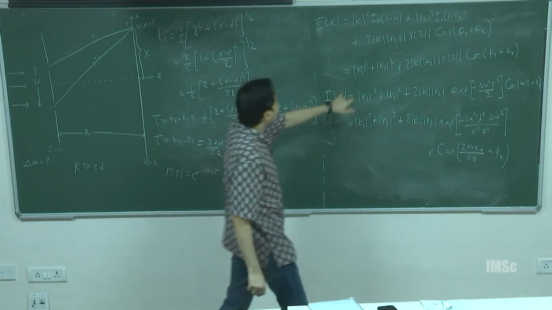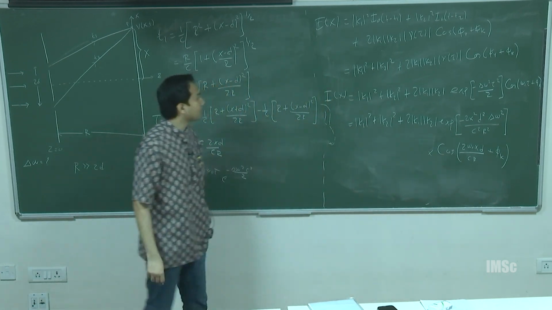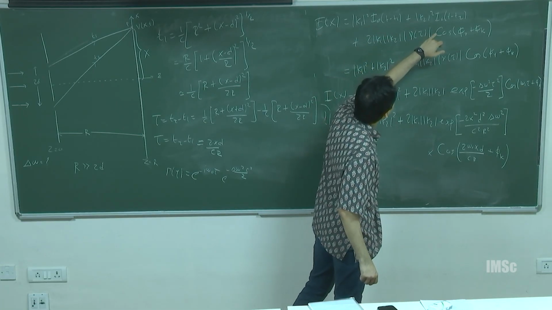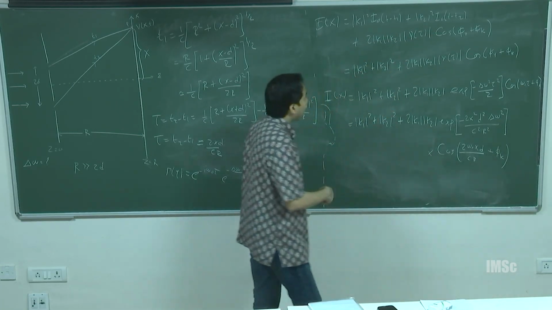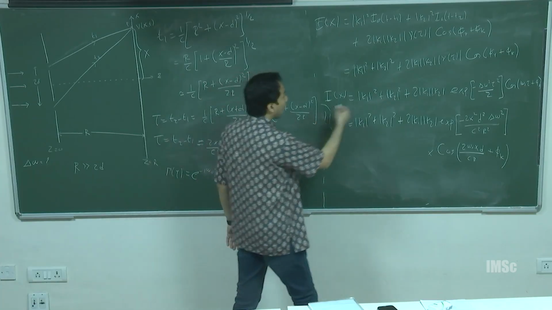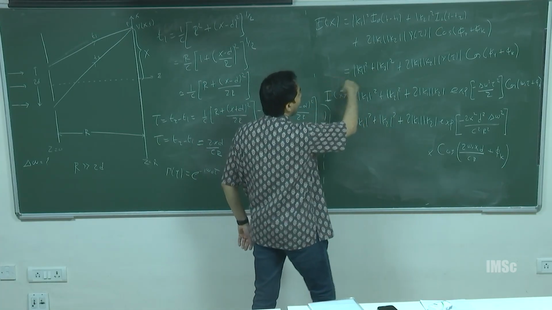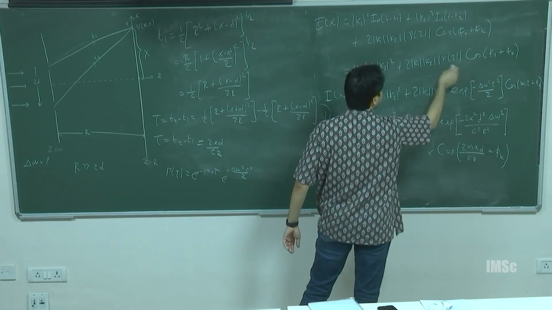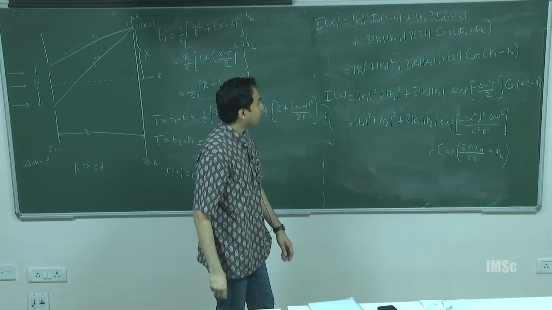Now we have been told that the field has a constant amplitude, so I naught at t minus t1 and I naught at t minus t2 are constant, so we just take them to be 1, we don't lose anything. And this is the expression for intensity in an interference experiment.